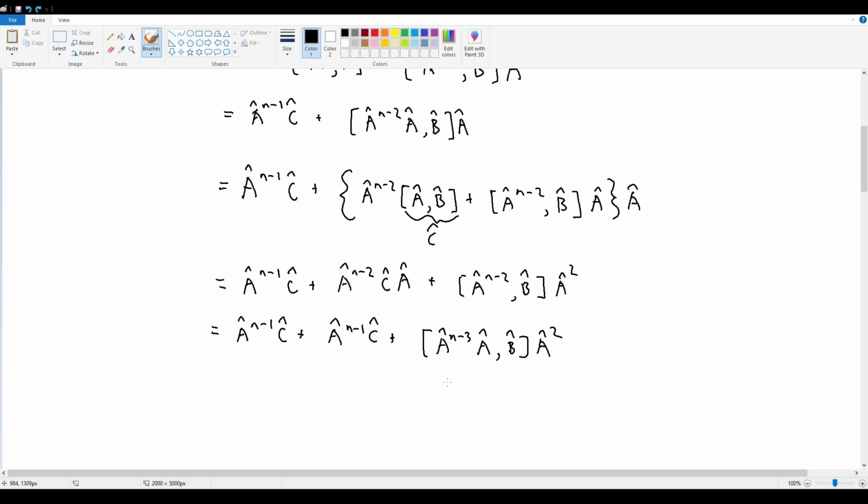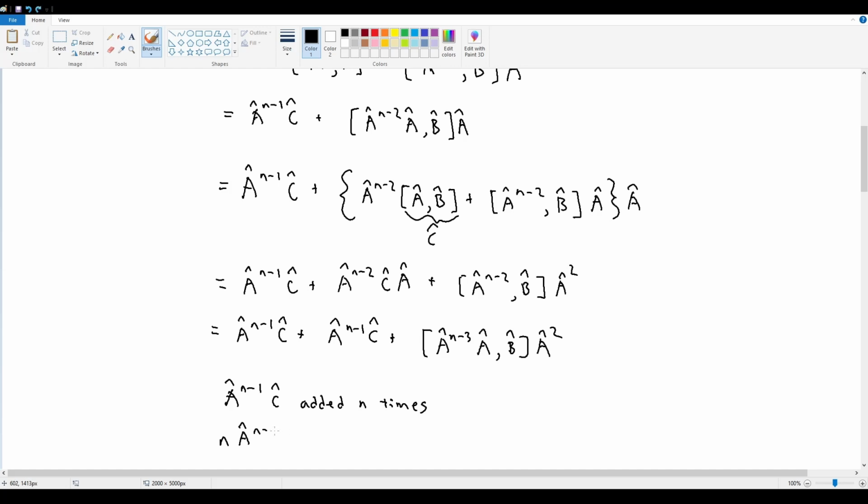So eventually I'm going to have n terms of this, so a hat n minus 1 c hat added n times, which means I can just say it's equal to n times a hat n minus 1 c hat.